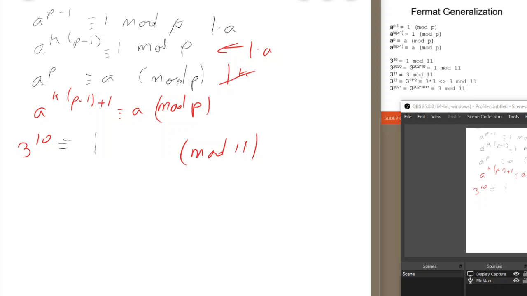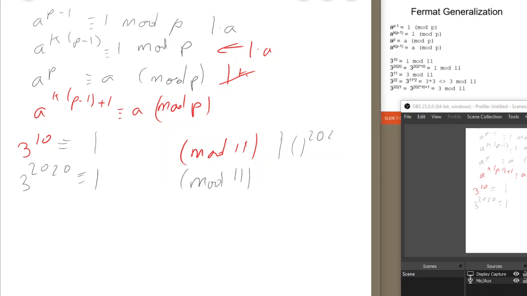And its generalization that we have seen before, when we raised all these relations to the power 202, we are getting 3 to the power 2020 congruent to 1 to the power 2020, which is still 1 mod 11.